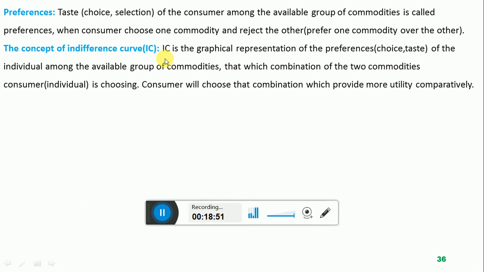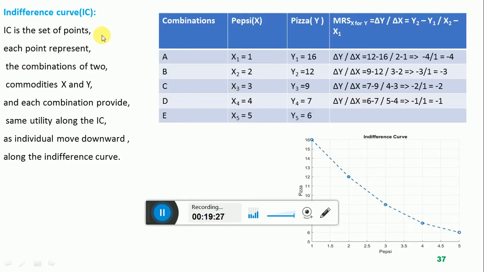So the indifference curve is the graphical representation of the preferences of the individual among the available group of commodities, that is, which combination of the two commodities the consumer is choosing. The consumer will definitely choose that combination which provides comparatively more utility. An individual will choose that commodity which he likes more, which provides him more satisfaction.